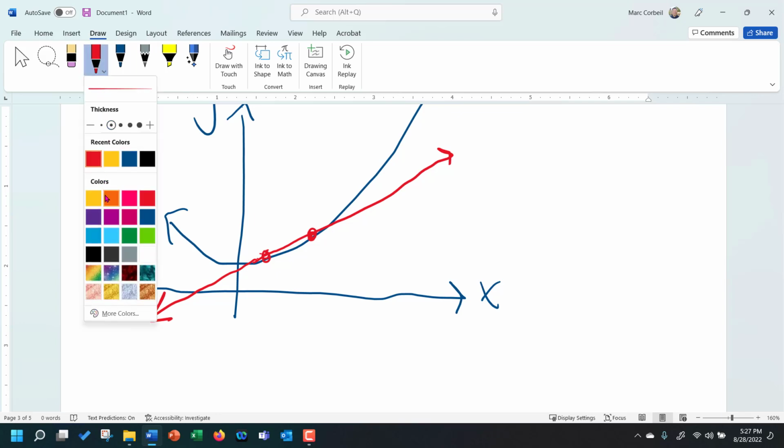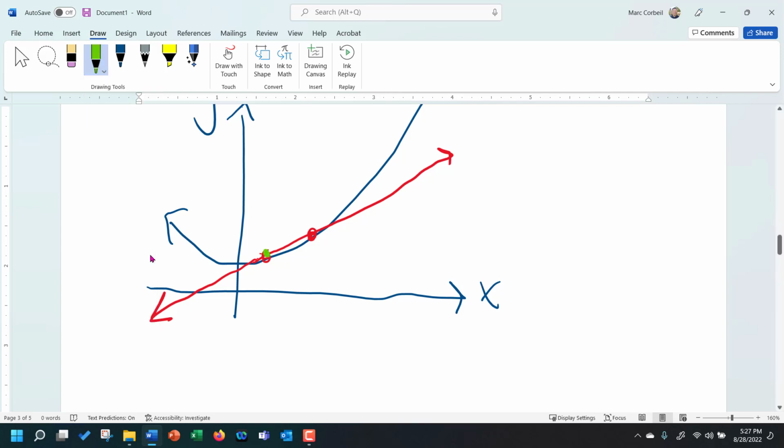And for the tangent line, let's do it in green just to be different. I'm going to start here and draw my line again, but this is going to be my point x, and this over here is going to be some distance from x.